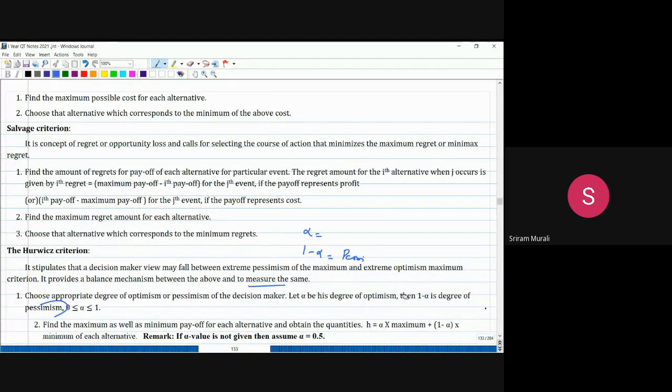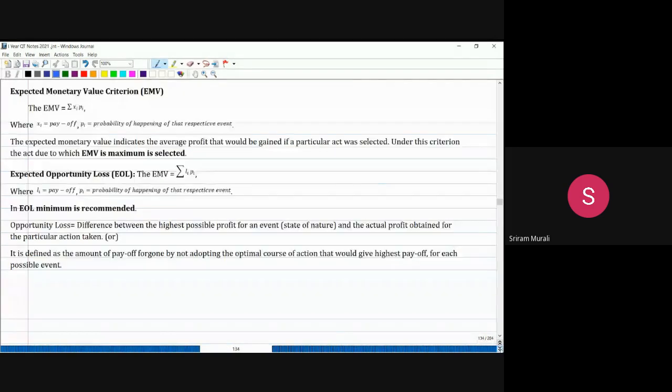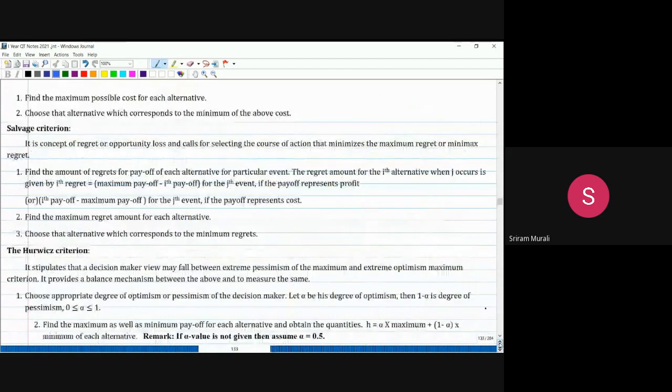So if alpha is not given, this is very important, this alpha should be informed to me. If alpha is not given, we always take 50-50, I mean unbiased. I forgot to tell this: alpha should be multiplied with the maximum, and 1 minus alpha should be multiplied with the minimum.